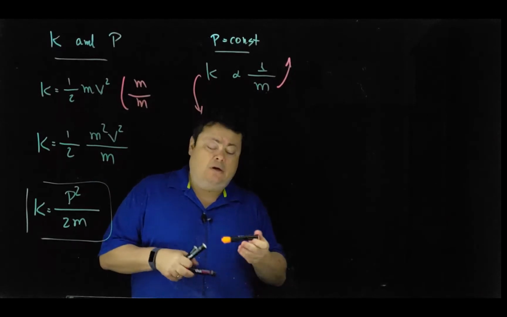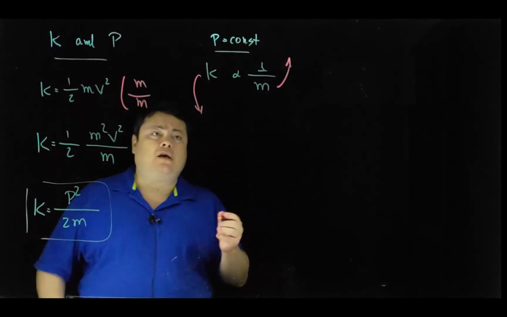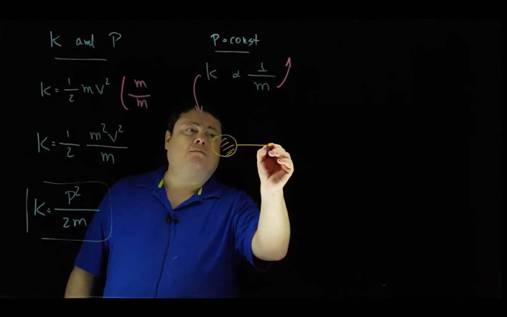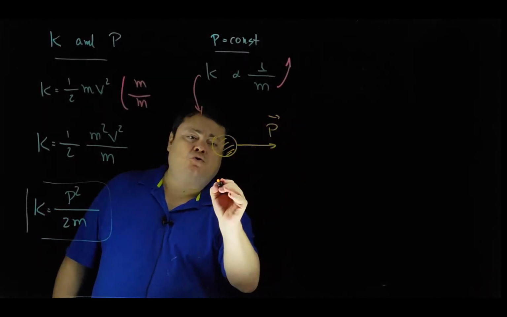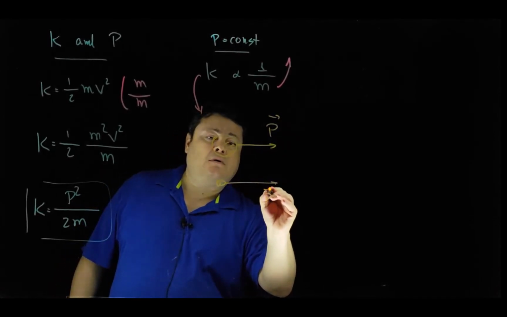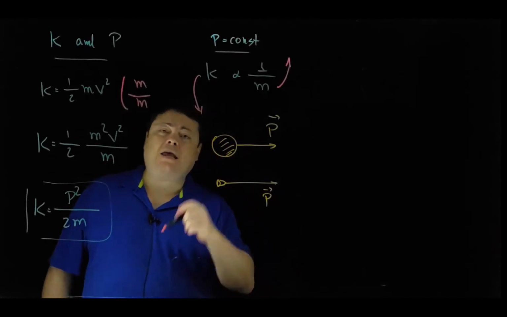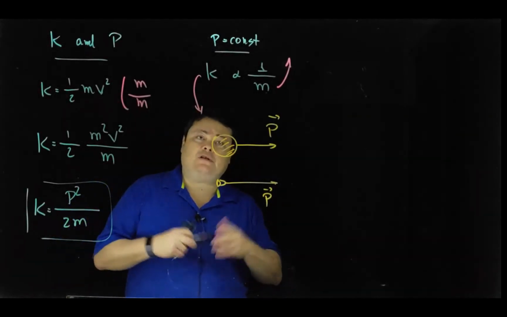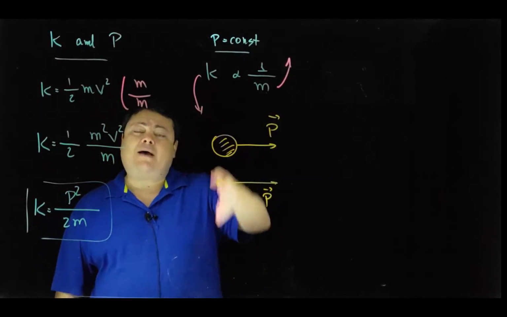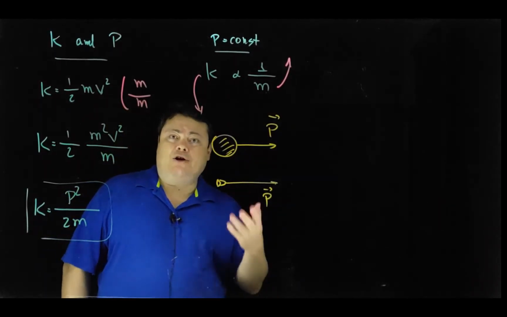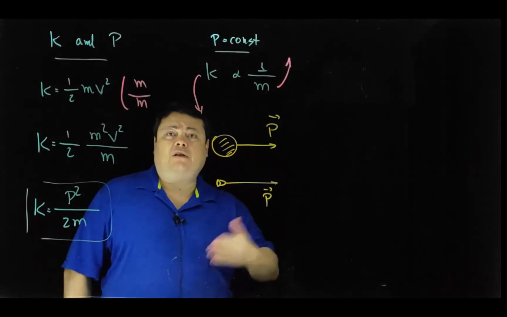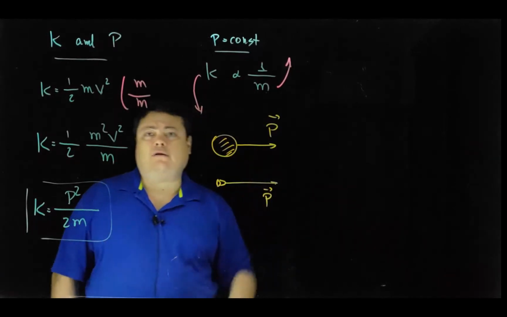As an example, let's say that we kick a ball with some momentum and shoot a small bullet with the same momentum. The kinetic energy carried by the bullet would be significantly bigger than the kinetic energy carried by the ball. If the ratio in mass is 1,000 to 1, the energy is going to be 1 to 1,000. So the bullet will cause significantly more damage hitting you than a ball.